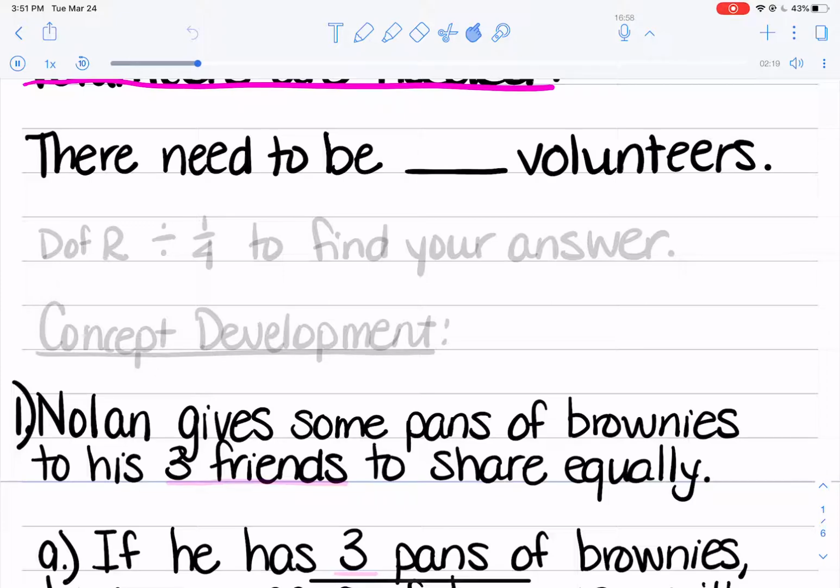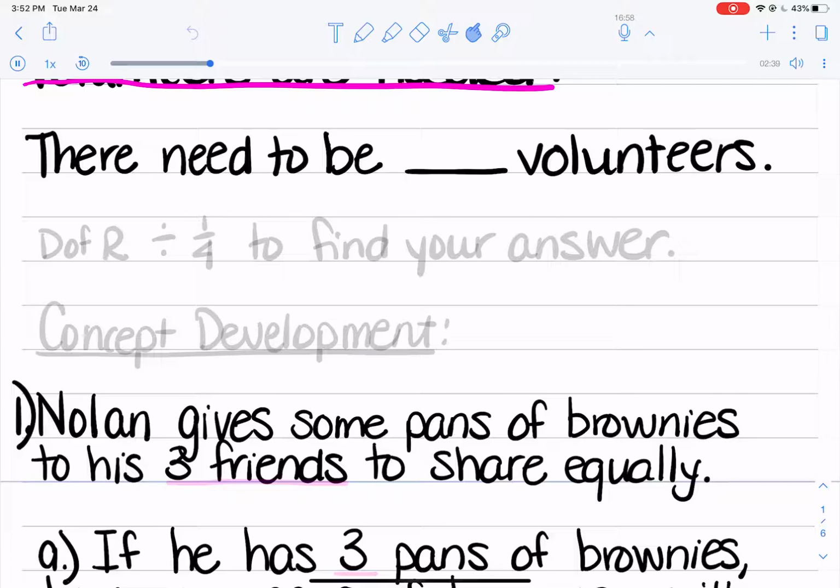Okay, so I want to tell you that you should make a tape diagram for this. And then you need to figure out the total distance of the race and then divide that by 1/4.